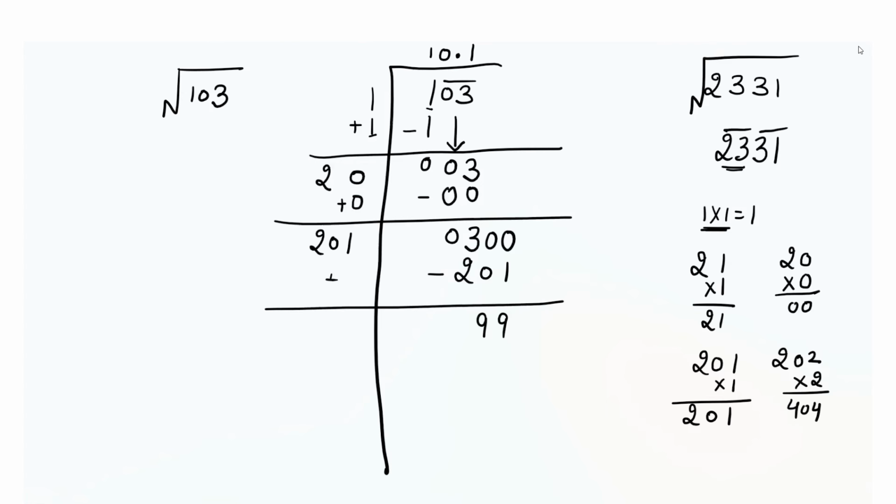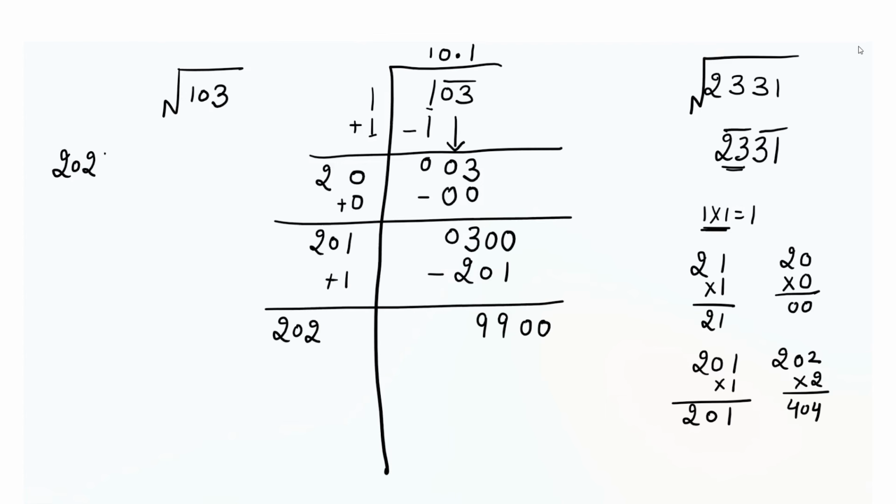Now we have to add 1 to it because we multiplied 201 with 1. So we get 202. Now similarly we have to add the number after 202 in such a way that when we multiply it with that number we should get a number which is less than 9900, because we can write down the additional pair of zeros here since we don't have any number after this.